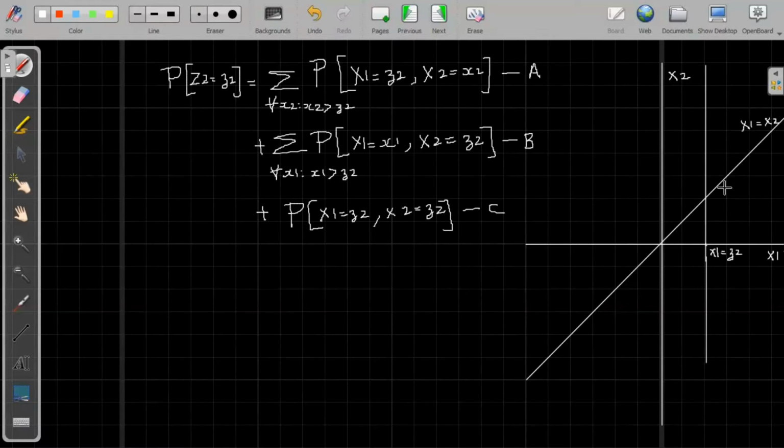So let me draw it here. This line is the x1 is equal to z2 line. It will intersect the x1 is equal to x2 line at point z2 comma z2. So let's write this point z2 comma z2 as point P.